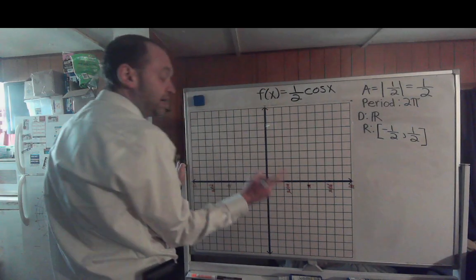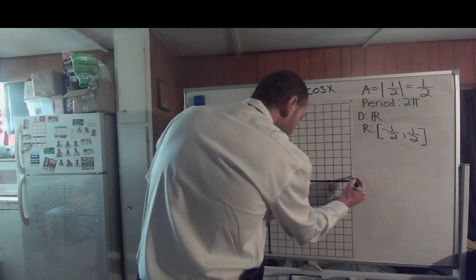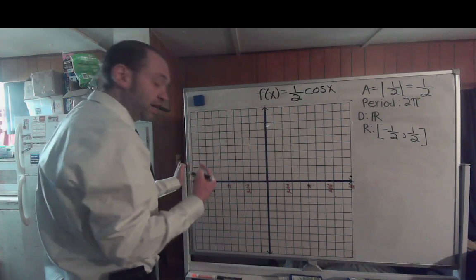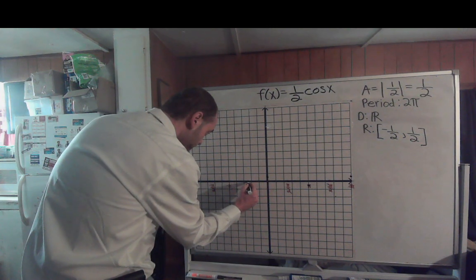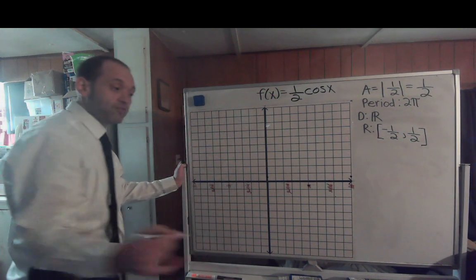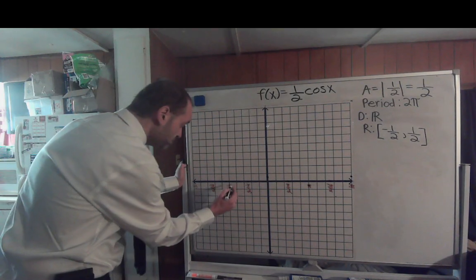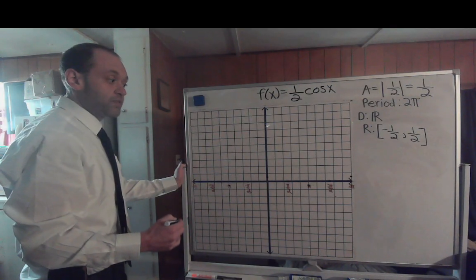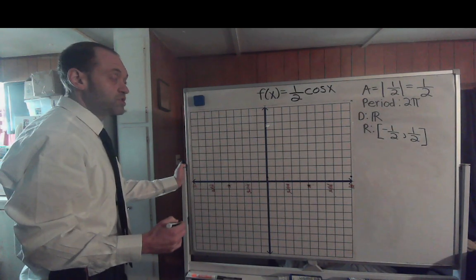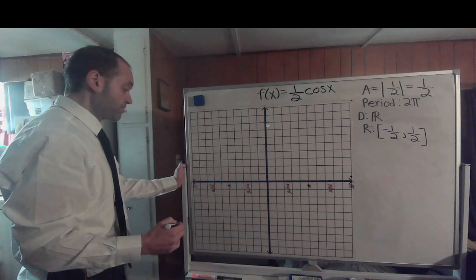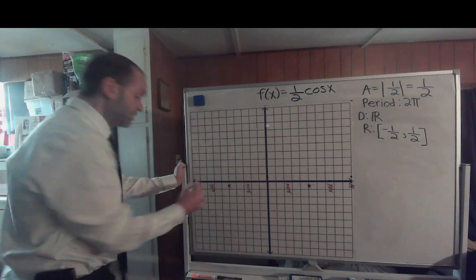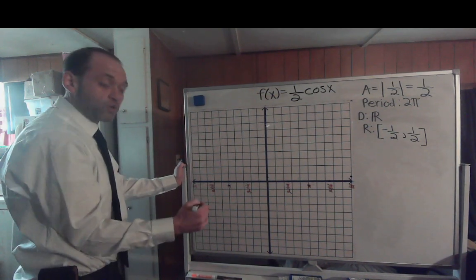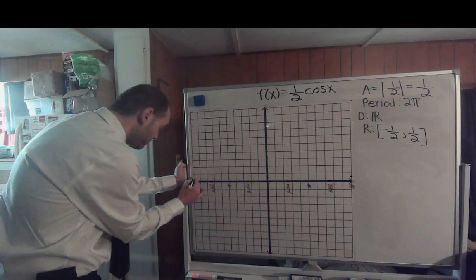Cosine of 2 pi is normally 1, but take half of that, you get half. Cosine of negative pi over 2 is 0. Cosine of negative pi is normally -1, but half of that's -1/2. Cosine of -3 pi over 2, that's going to end up being actually 0. Cosine of -2 pi is normally going to be 1. Take half of that, you get half.